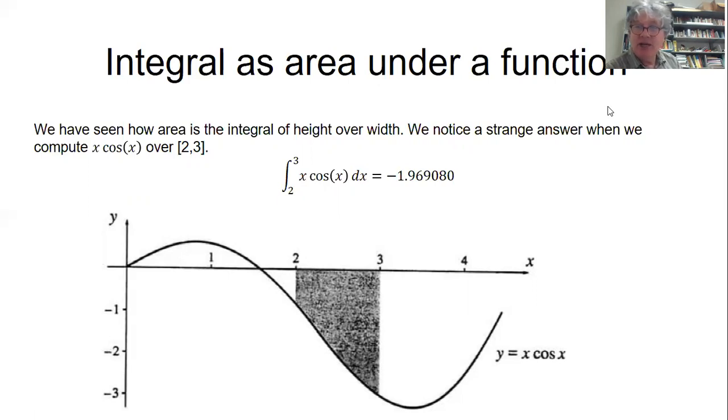This looks strange at first until we graph the function and see that x cosine x is negative between 2 and 3. So the heights of those rectangles are negative, because we're taking f(x).